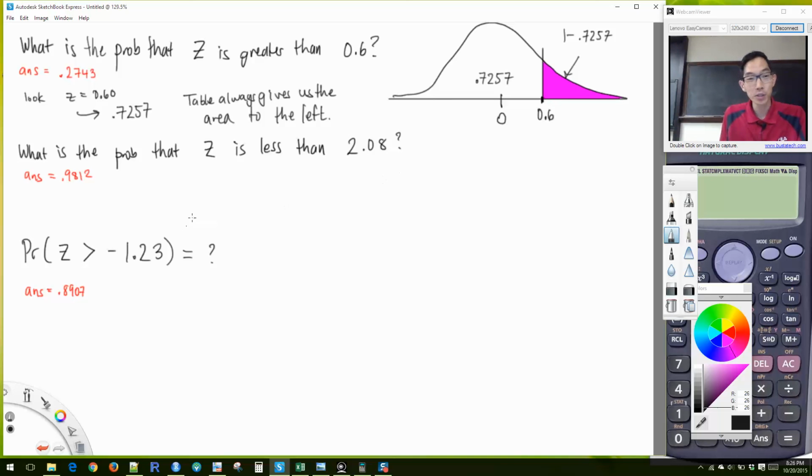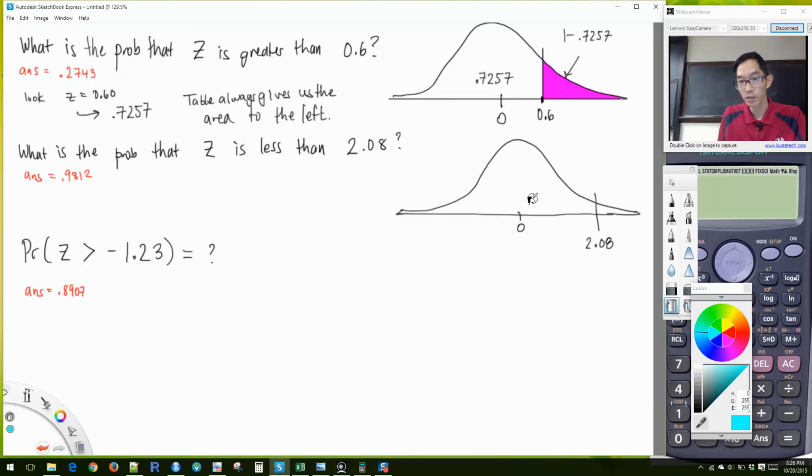All right, so again, all of these things, let's start off by drawing a little picture here, okay? So we draw a picture. Okay. All right. In the middle, I put 0. And I'm going to 2.08. So 2.08 is to the right of 0. And I'm going to shade everything to the left. So this time I'll use blue.